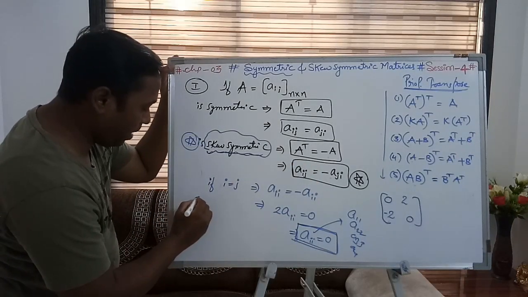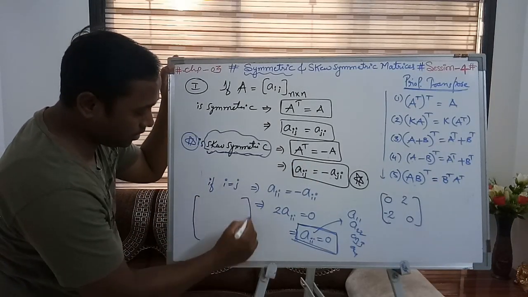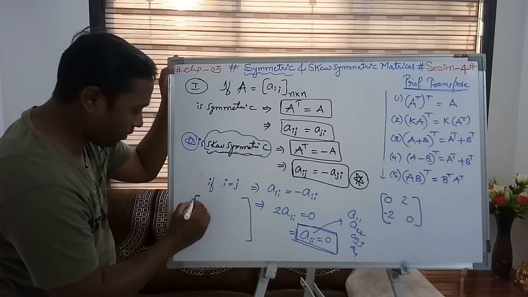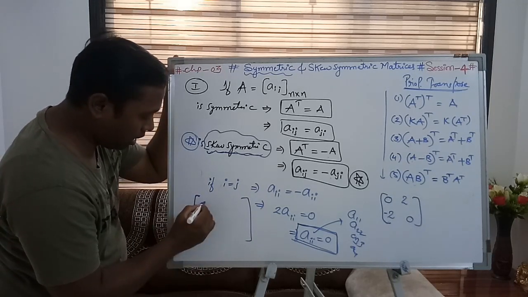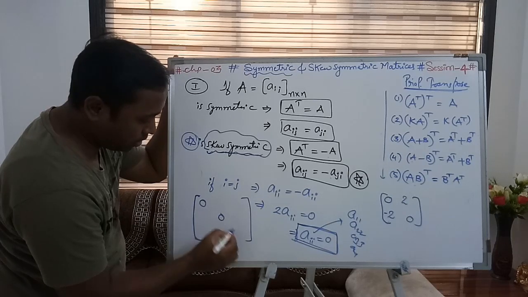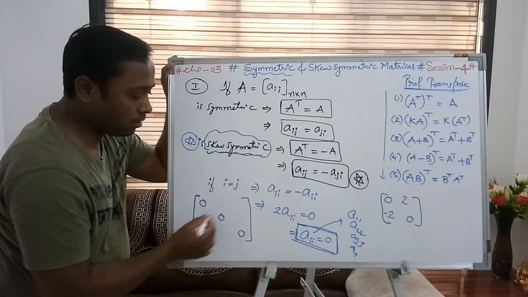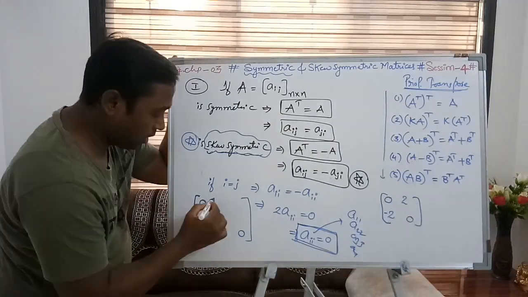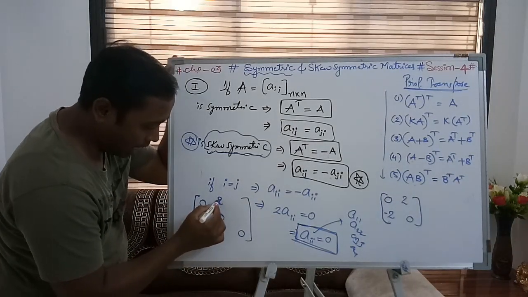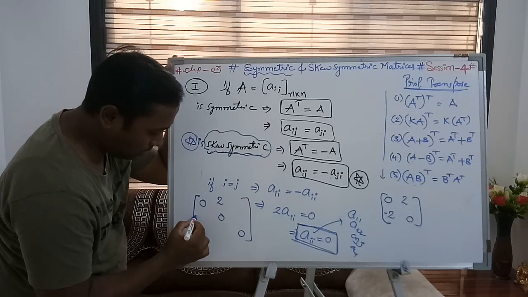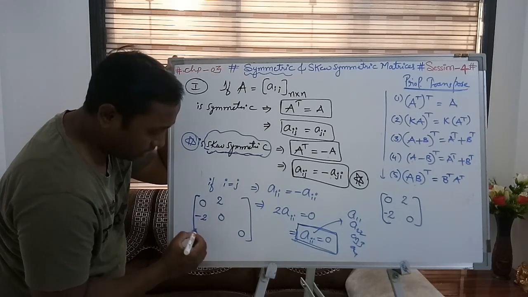So if I want to write a 3 by 3 skew symmetric matrix, I am following the same. First, I will keep all diagonal elements of the matrix as 0. Then I am just going to write the other elements. If I keep here 2, so the diagonally opposite element is minus 2.